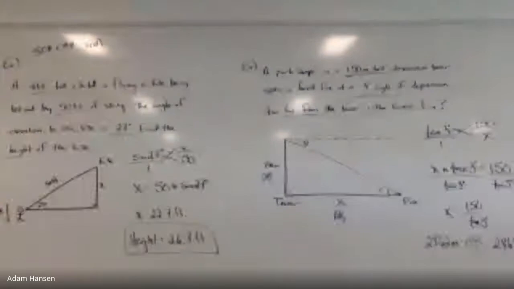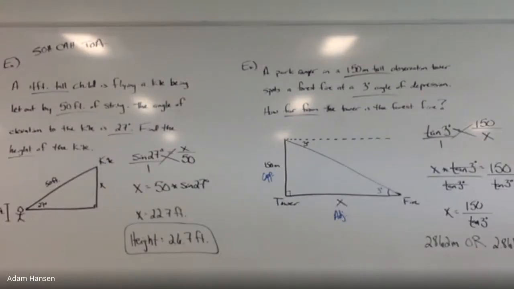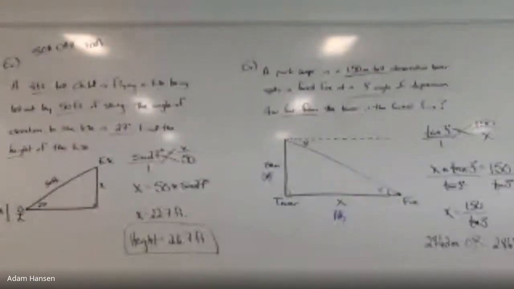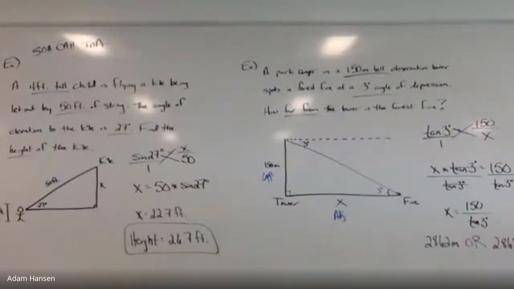Where's the 12 going to be? Horizontally. From person to pole, that's 12 this way. The 53 degrees is the angle of elevation. That's above the horizontal. Which side length is the height of the pole? Does that make sense?